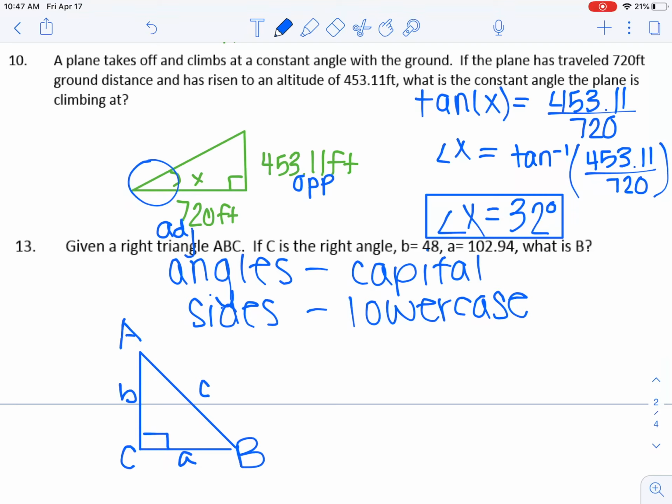We know that the side b equals 48. We know that the side a equals 102.94. And we know that C is our right angle, so that means that one's 90 degrees. We've got that taken care of. So we're trying to find out angle B.